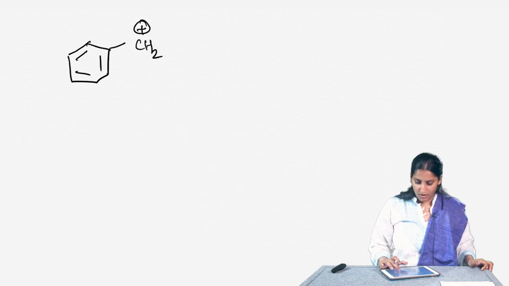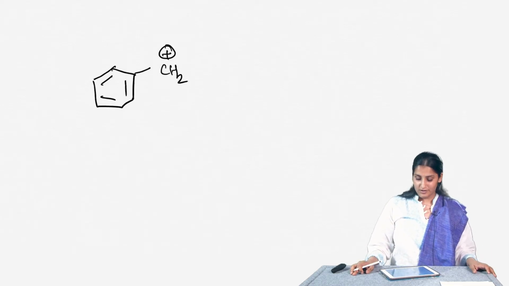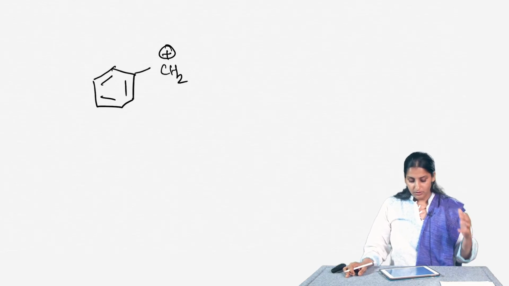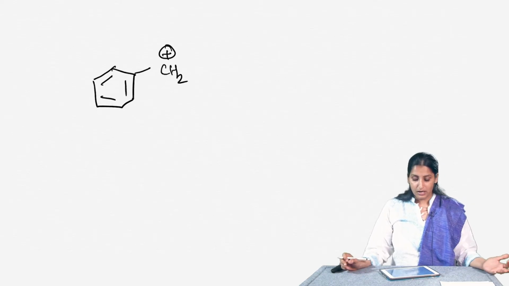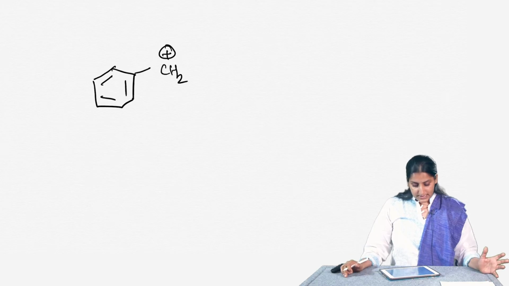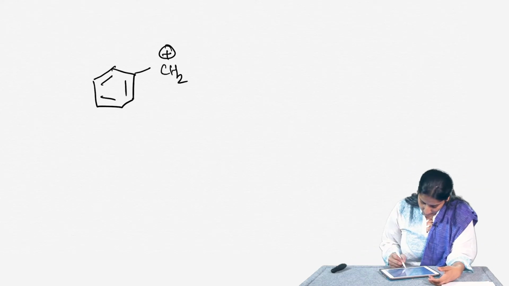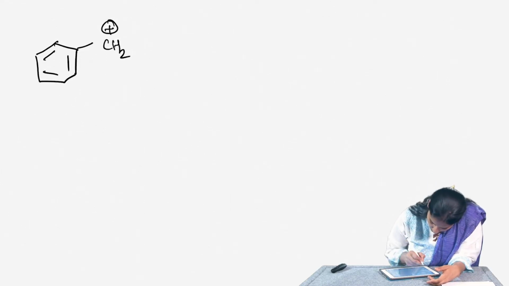Now, let us draw it for this molecule. This is a benzene ring. So, we have a lot of charges to move around. Now, remember in this particular molecule, the carbon that is bonded to the benzene ring is positively charged. It is a carbocation. In this case, we have to move electrons from the ring back to the carbon, right. And what we are going to do is we are going to move these electrons here.